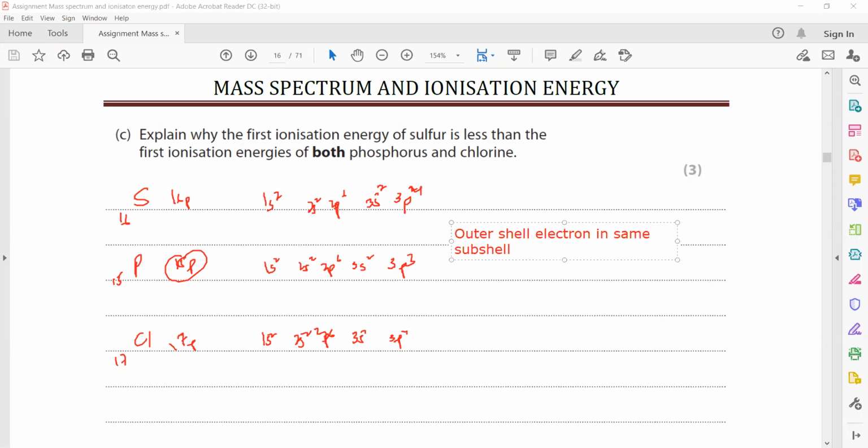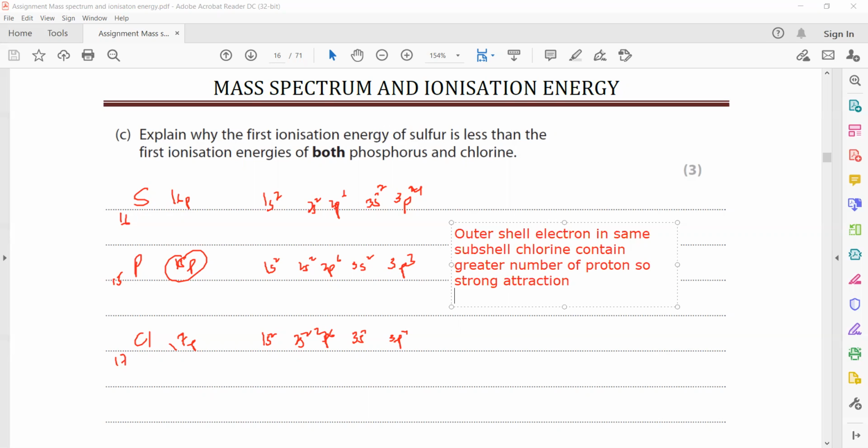But chlorine contains a greater number of protons, so strong attraction, which results in higher ionization energy than sulfur.